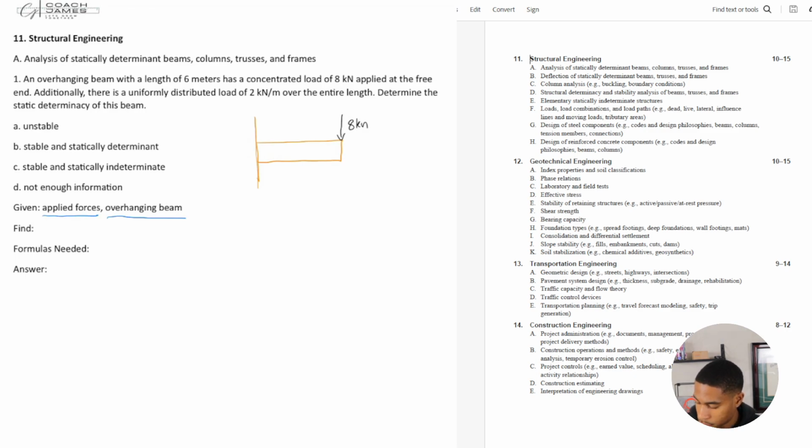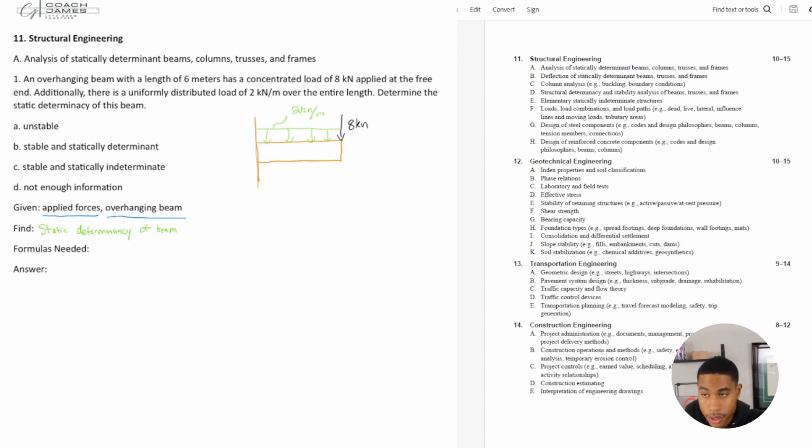So I'll say we got some uniform load coming down, and that is going to be 2 kilonewtons per meter. So what are we trying to find? We're trying to find the static determinacy of the beam.